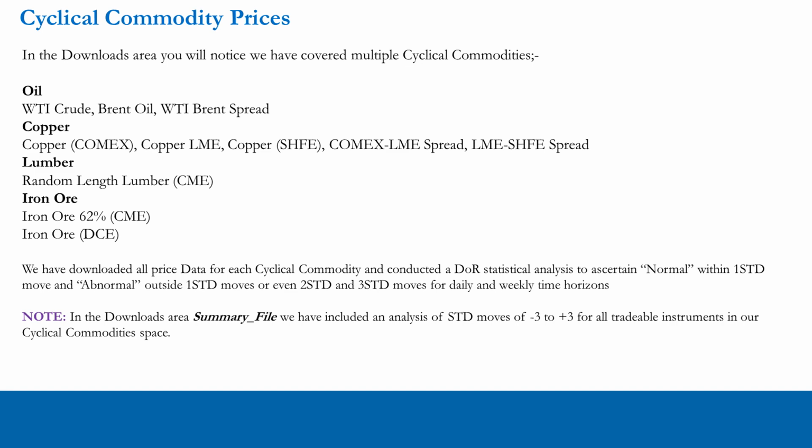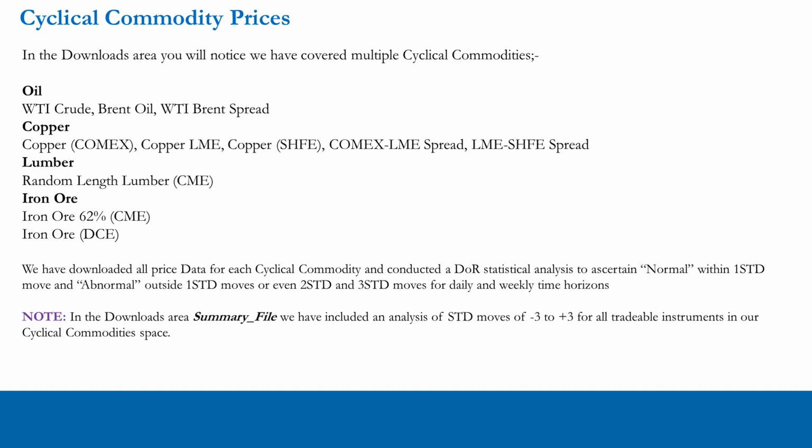We've conducted a distribution of returns statistical analysis on the cyclical commodity prices to ascertain what is normal, so within one standard deviation, and abnormal, so outside a one standard deviation move, and also looking at 2 and 3 standard deviation moves for each of those cyclical commodities on both a daily and weekly time horizon.